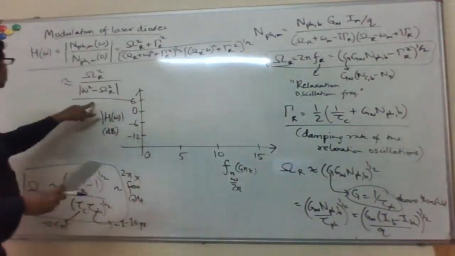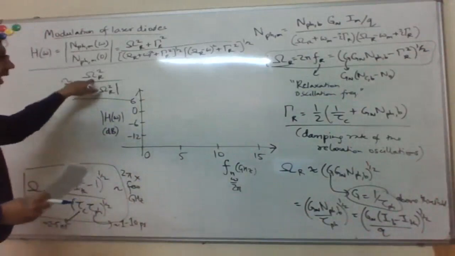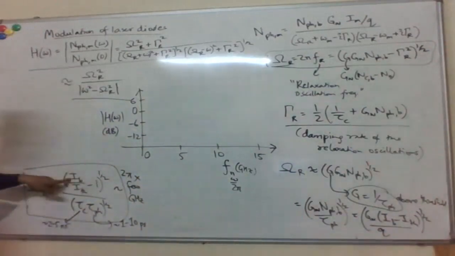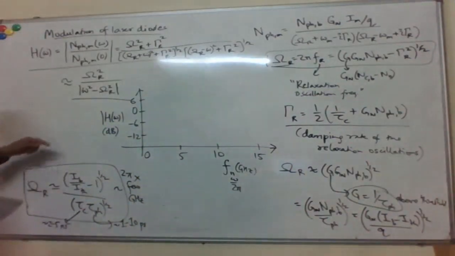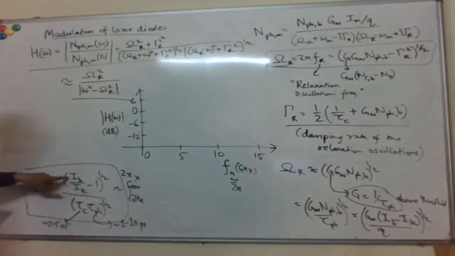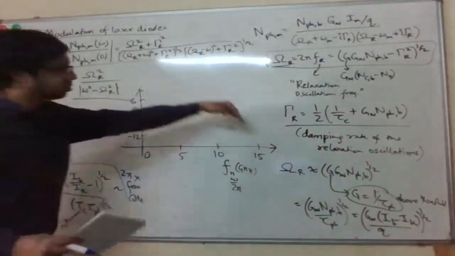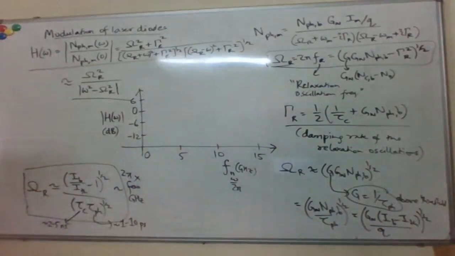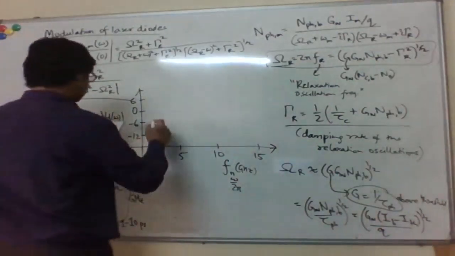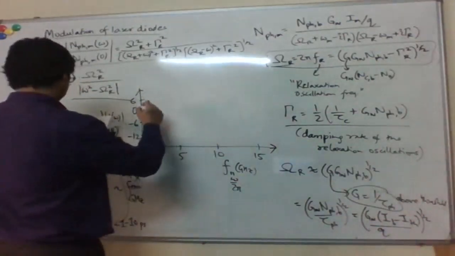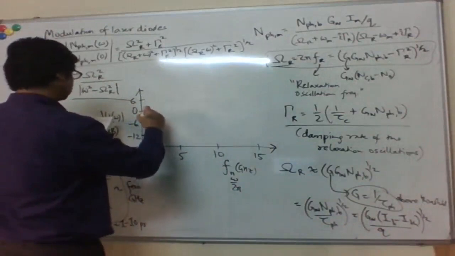Right, so now this transfer function, this omega r again, recall, depends on the bias current. So for a particular bias current, I'll get a particular curve. As I change bias currents, I'll get different curves.